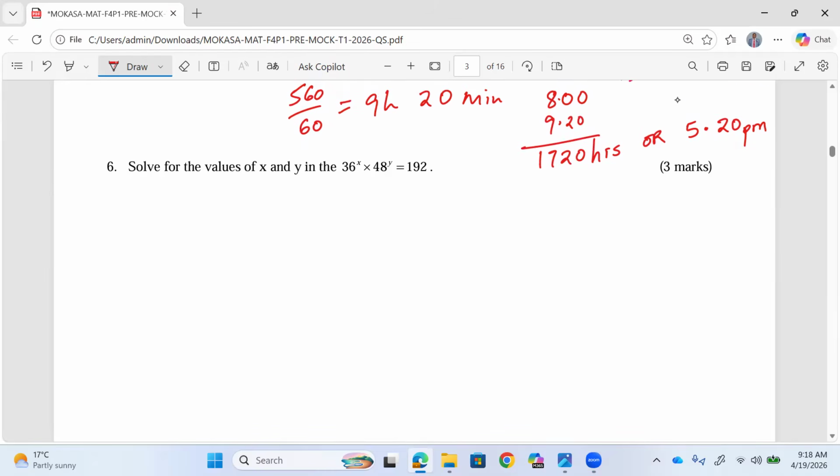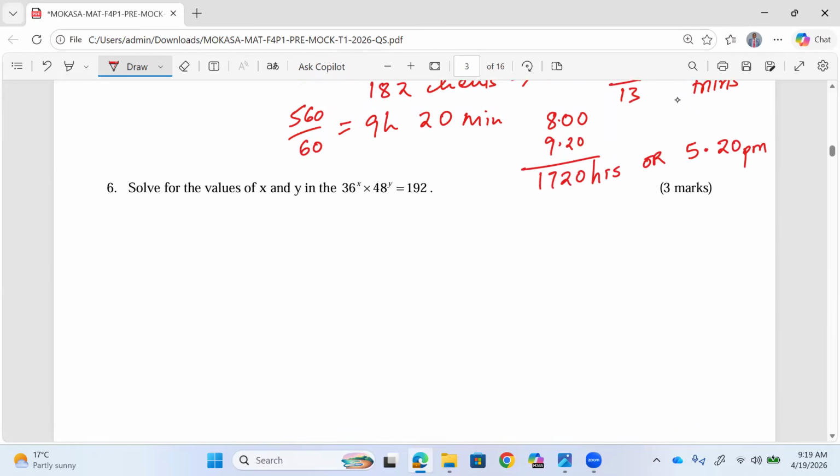What we're going to do here is first factorize the composite numbers to see whether there are common factors. So let us express 36, 48 and 192 into prime factors.